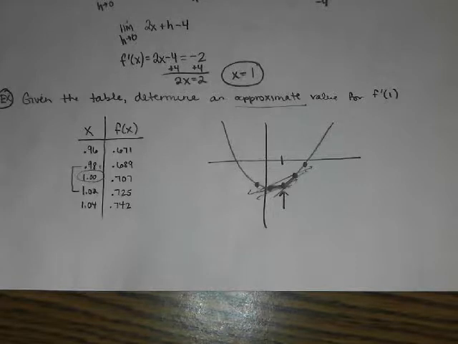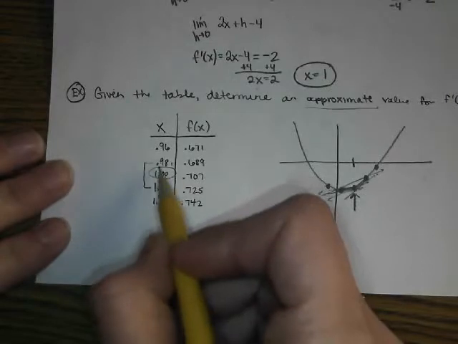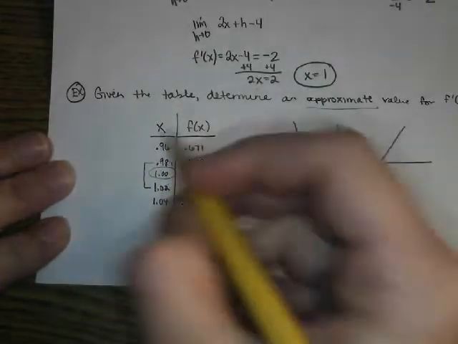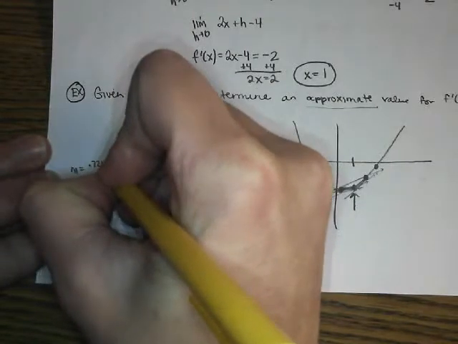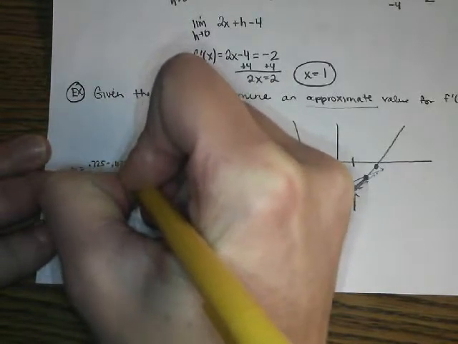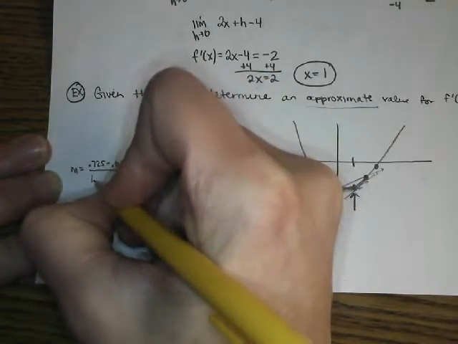So we'll actually do this one both ways. On the left-hand side, I'm going to do the slope between the 2 surrounding points. So my slope is going to be 0.725 minus 0.689 over 1.02 minus 0.98.